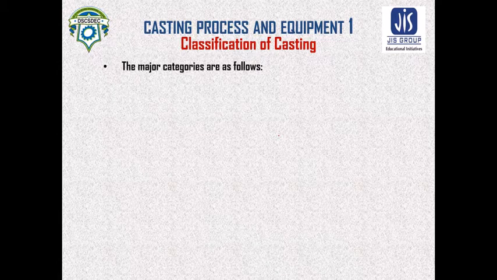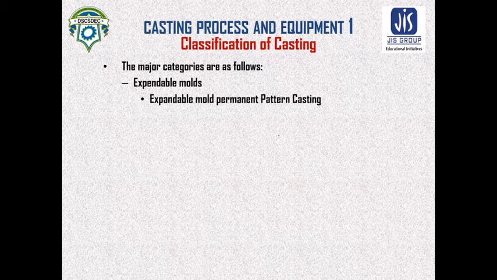The major categories are as follows: expandable mold casting, which is further classified as expandable mold permanent pattern casting and expandable pattern casting. In expandable mold casting, the mold is not permanent.